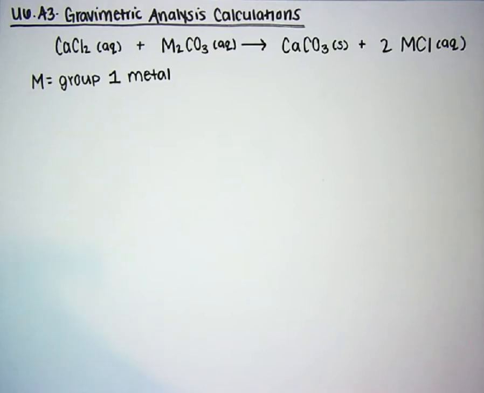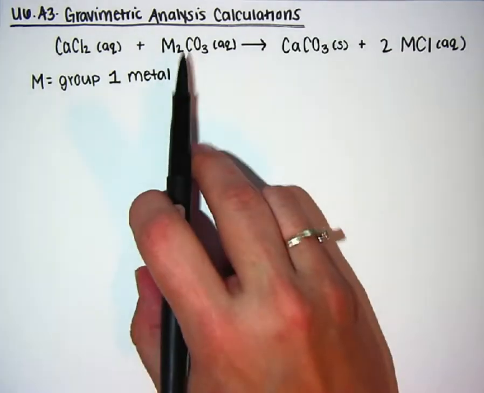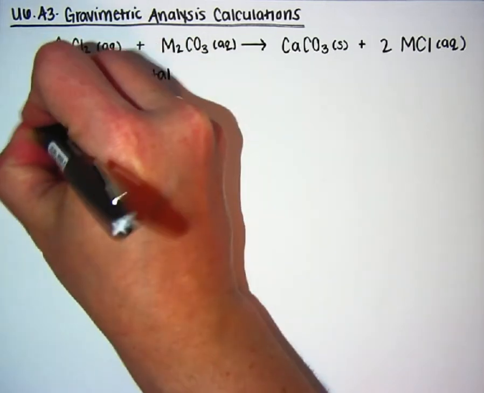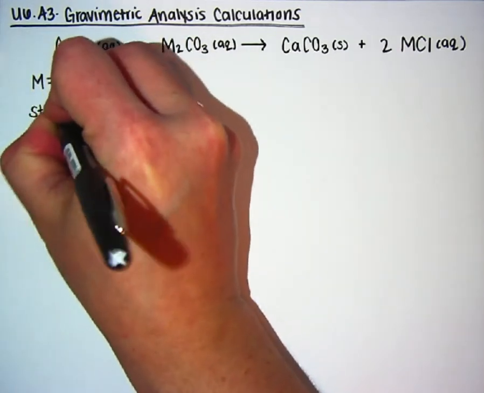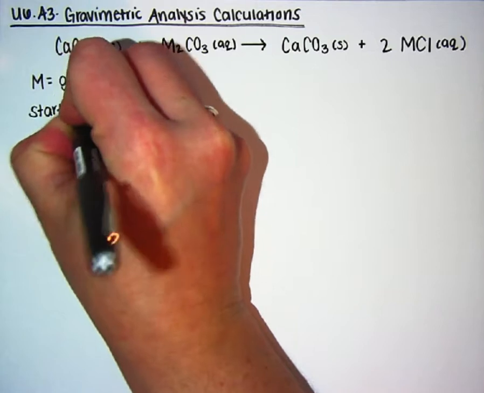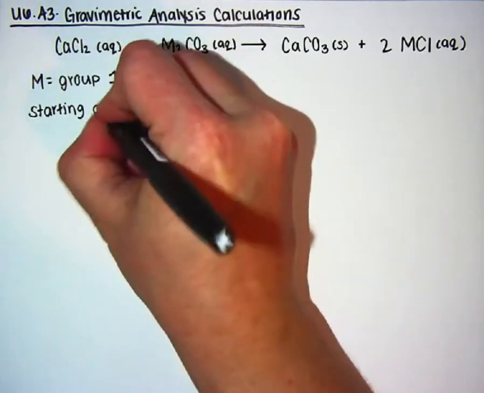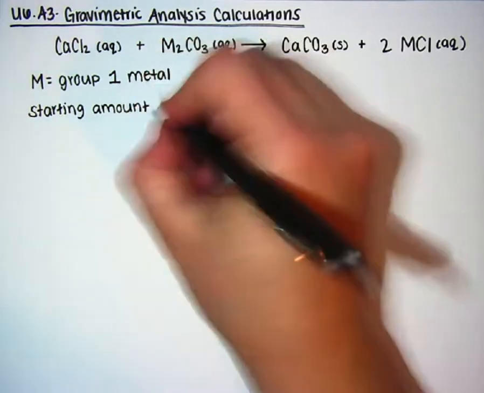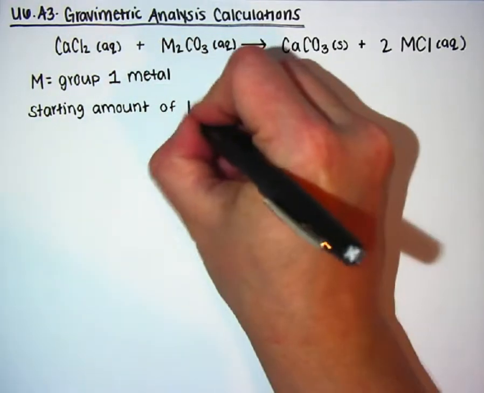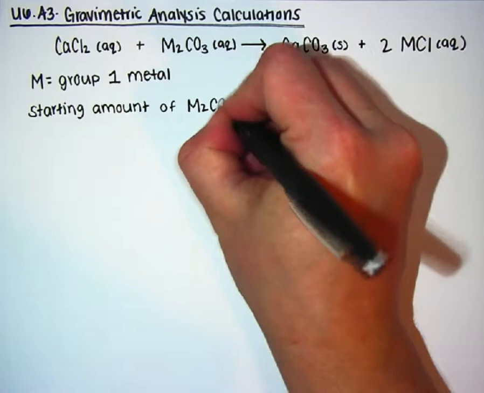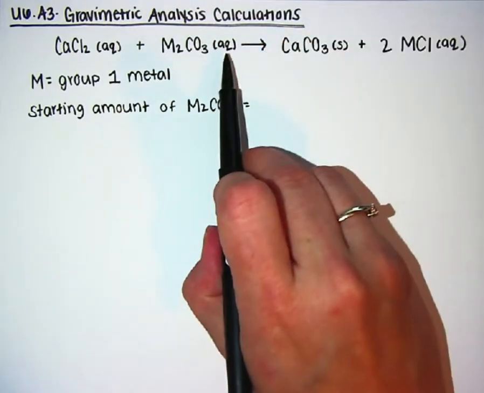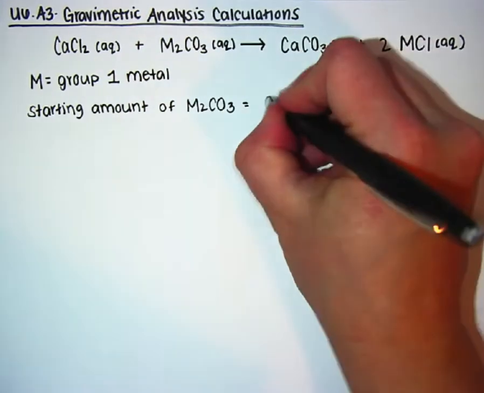What we can do is measure out the mass of the solid metal carbonate before we dissolve it in water, making it an aqueous solution. So we can take a scale and record the starting amount of our solid metal carbonate. Again, that's before we dissolve it in water to make it an aqueous solution.